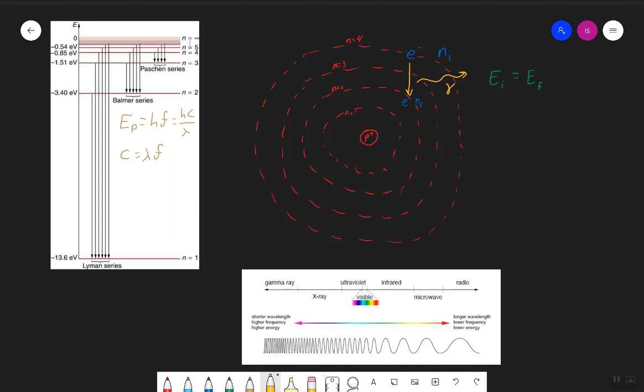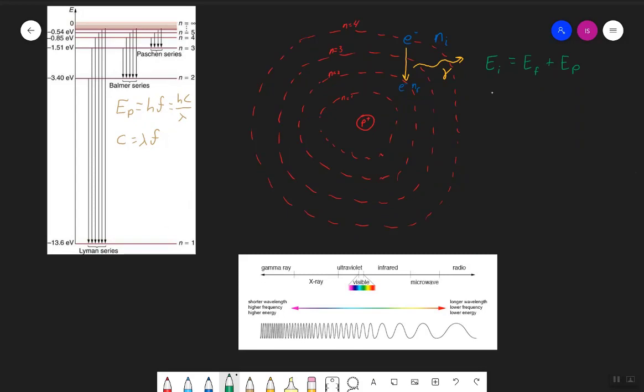And so really, the energy of the electron initial is equal to the energy of the electron final plus the energy of the photon. I'll just write it P here. This is the total energy initial equals the total energy final, where these E's are just the energy of the electron itself.